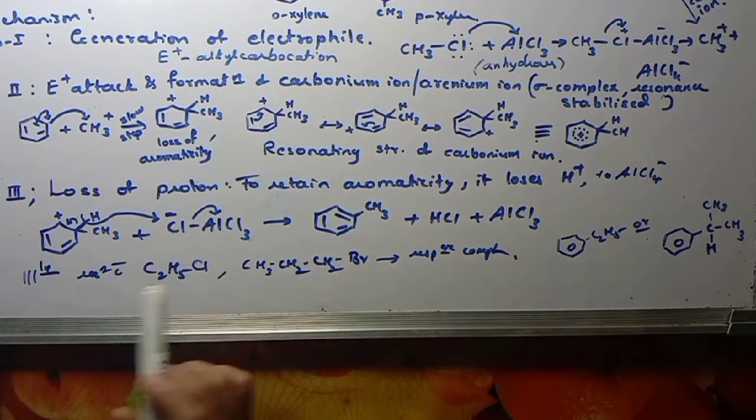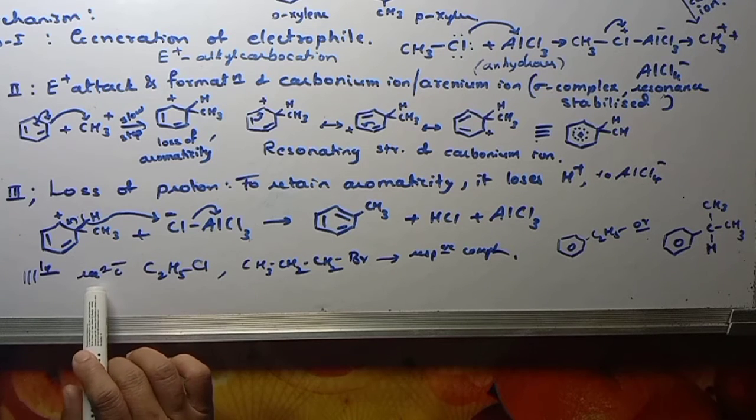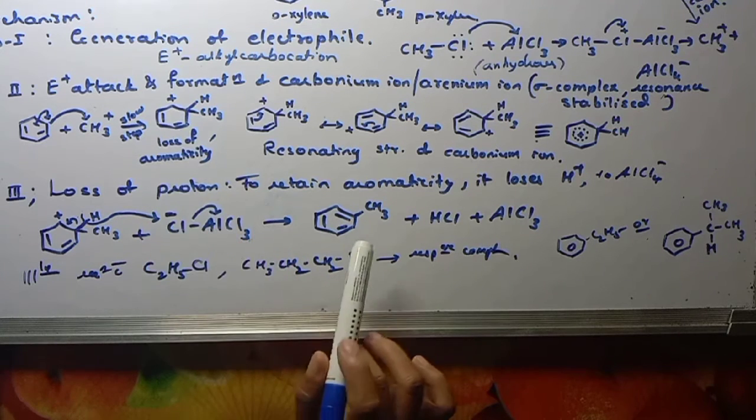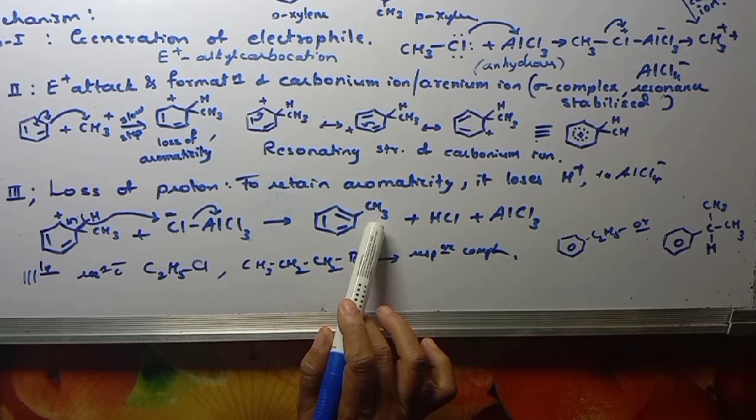Okay. So now in a similar way, the reaction of ethyl chloride can be conducted where the benzene will be substituted by an ethyl group, C2H5.